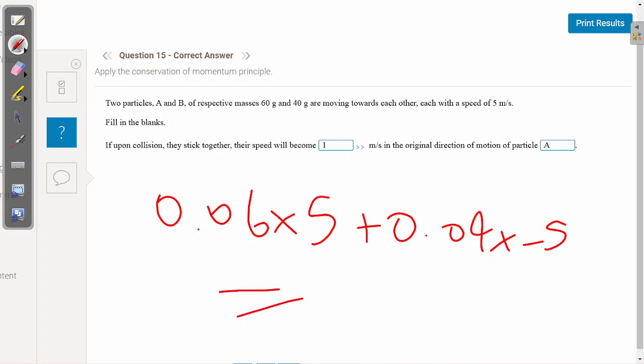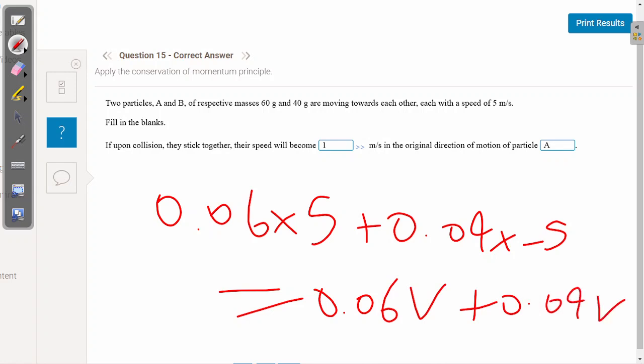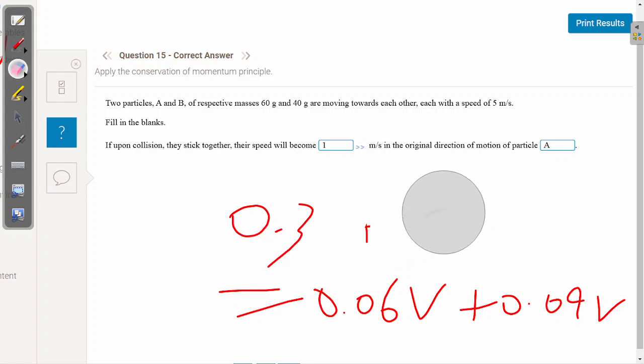Equals 0.06 velocity plus 0.04 velocity also. Now simplify this. 0.06 times 5 is 0.3 and 0.04 times negative 5 is negative 0.2.